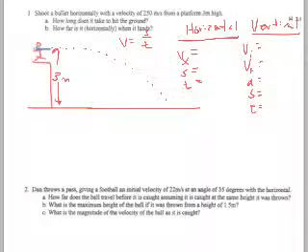Now here's the trickiest part about this problem: filling in the different quantities. For example here, the 250 meters per second goes here, because that's a horizontal velocity. It's not a vertical velocity. The initial vertical velocity is 0 meters per second.